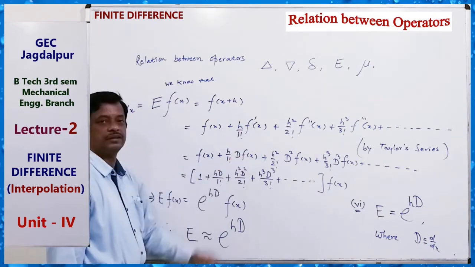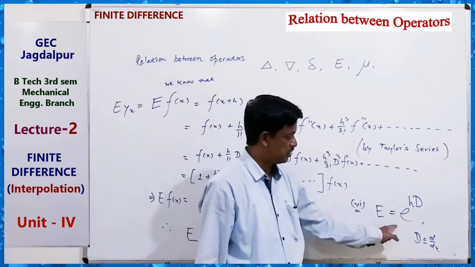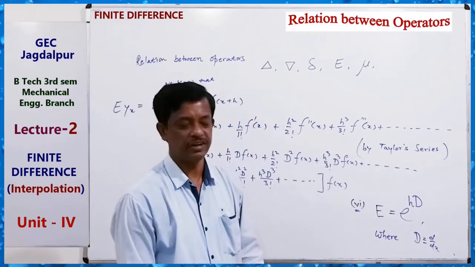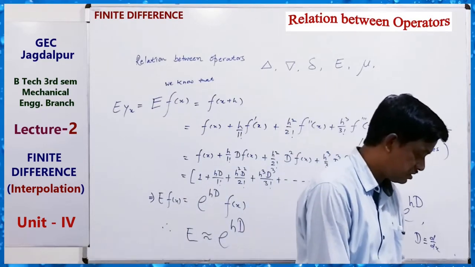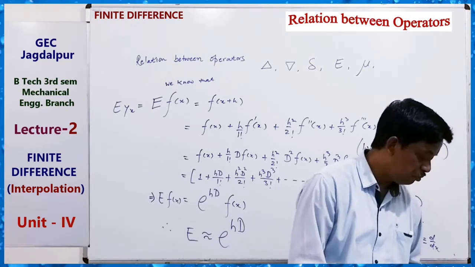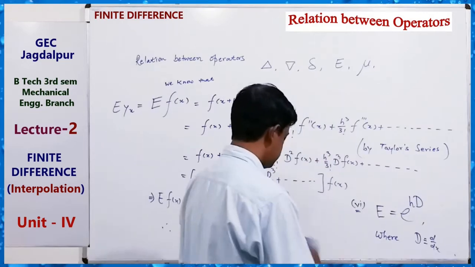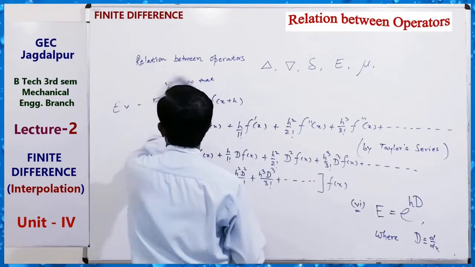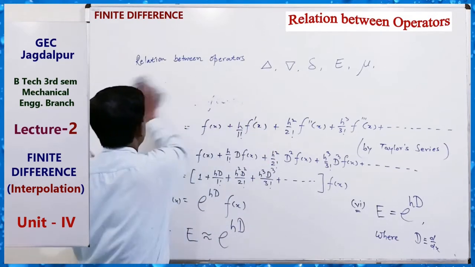Derivative D. So this is very, very important. These are the relations between operators. By using this relation, we can solve many questions. Just like a question here, prove that del square by e to the power x.